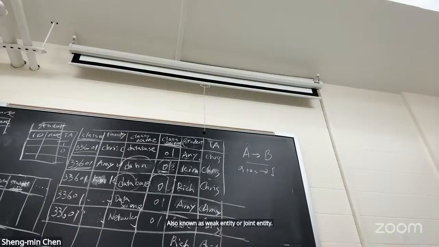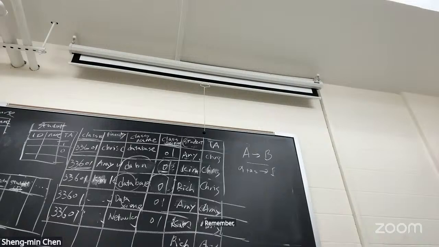And the word entity can be switched to table, right? Weak table, transitive table, or joint table between them. And this is what that table is. This is that table.